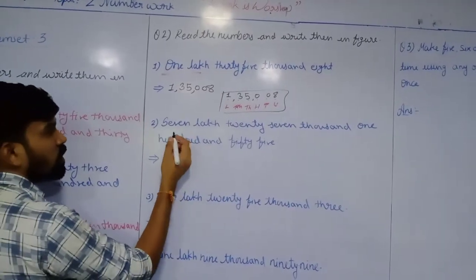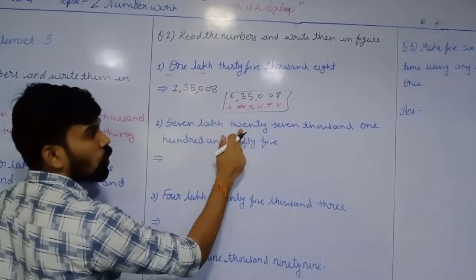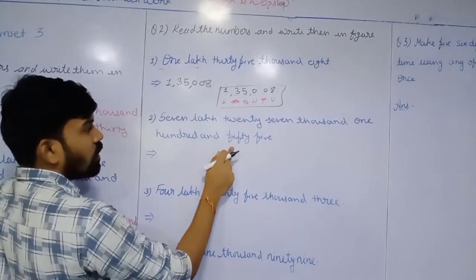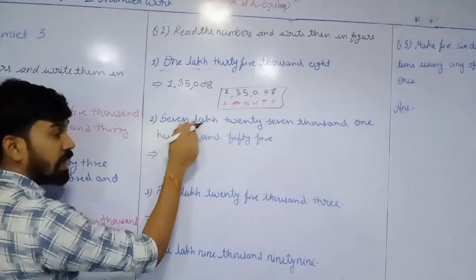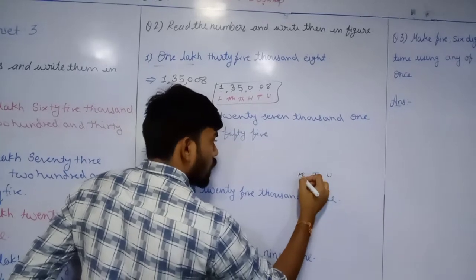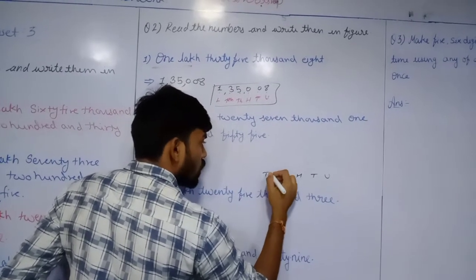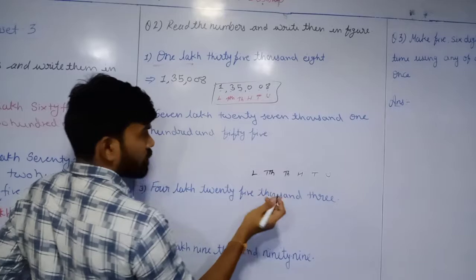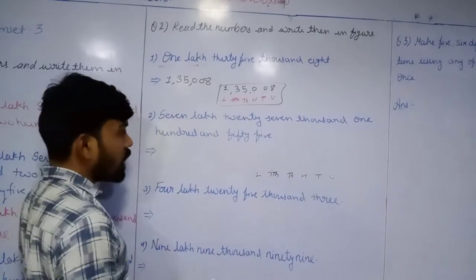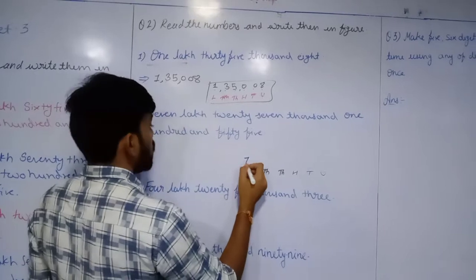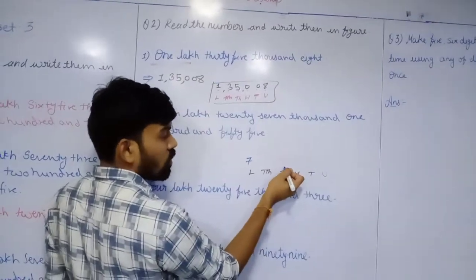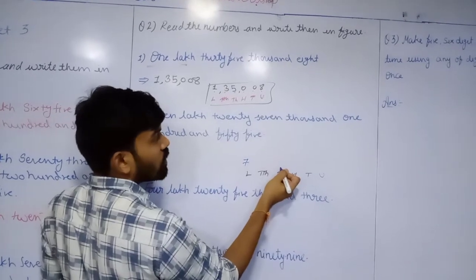Come to the second one. 7,27,155. Again till lakh. So we need unit, 10, 100, 1000, 10,000, lakh. 7 lakh. At the place of lakh we should write 7. 27,000. How much 1,000 is given? 27.